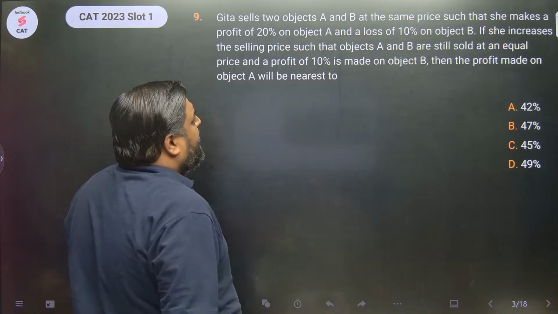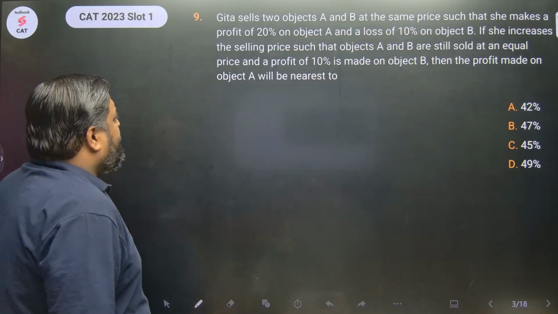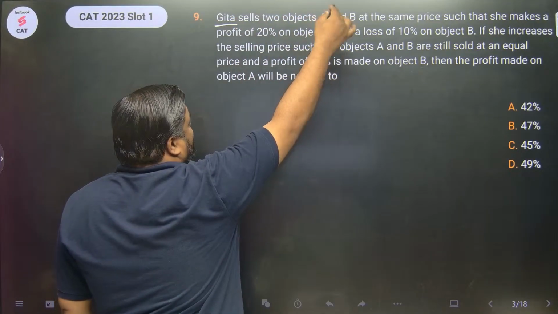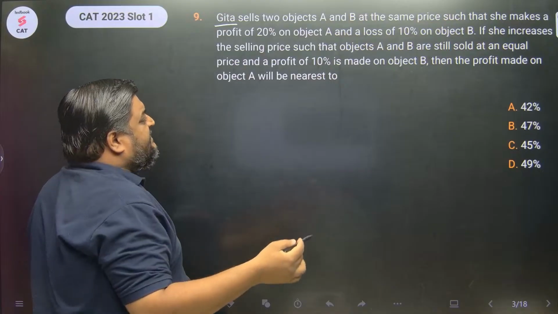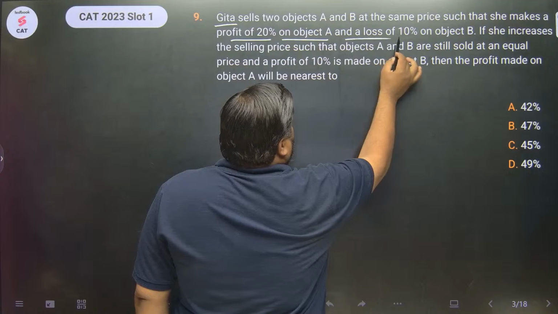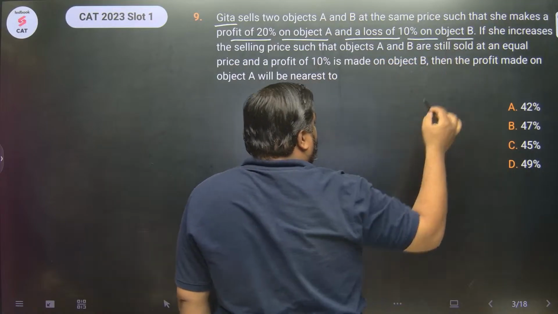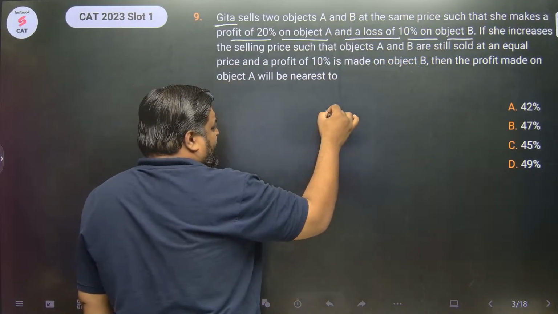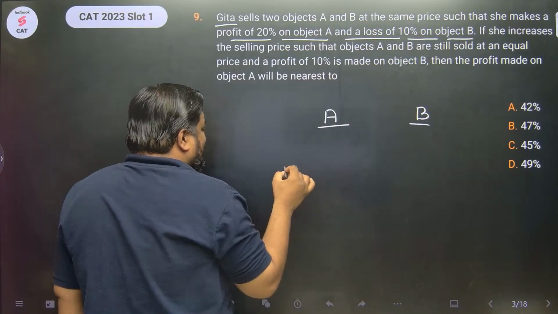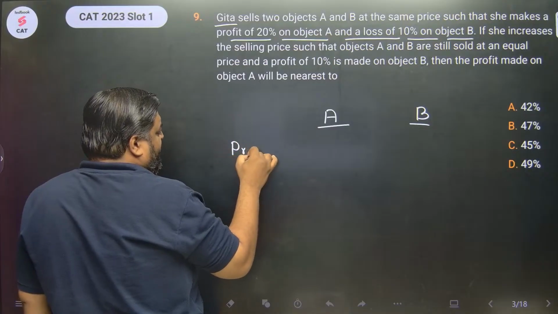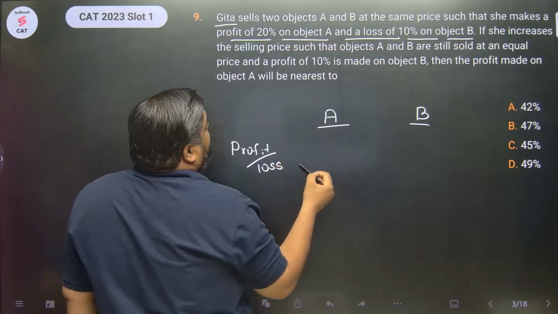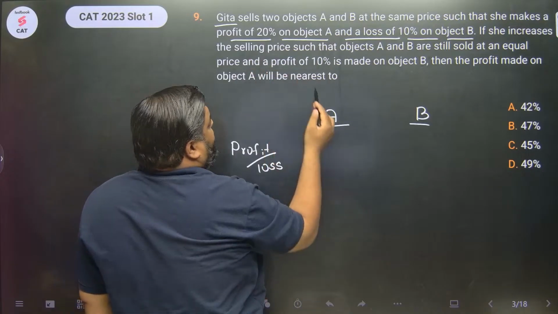This question comes from profit and loss. In this question you have Geeta, and she is selling two objects A and B at the same price such that she makes a profit of 20% on object A and a loss of 10% on object B. So there are two objects A and B. Geeta is selling them. In the first case, she is gaining a profit of 20%.